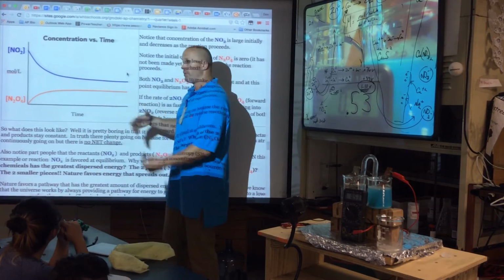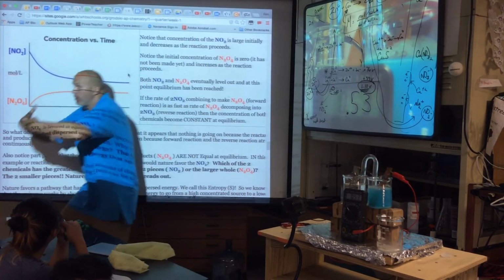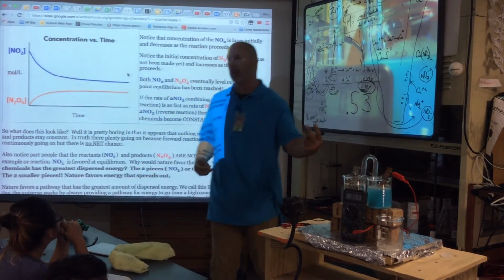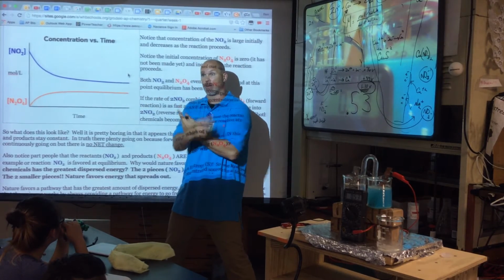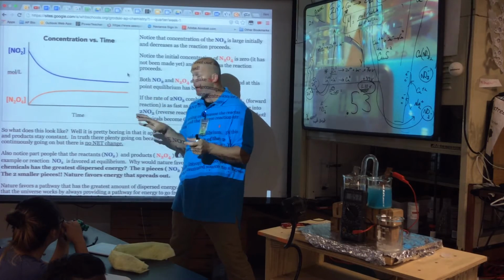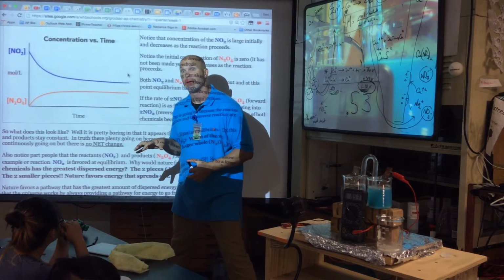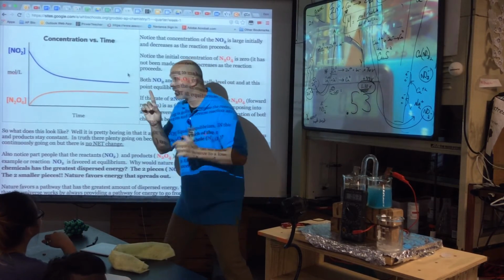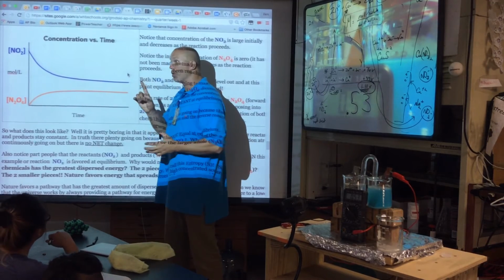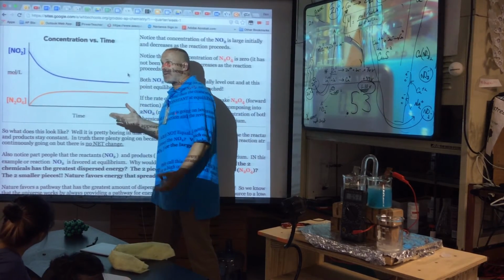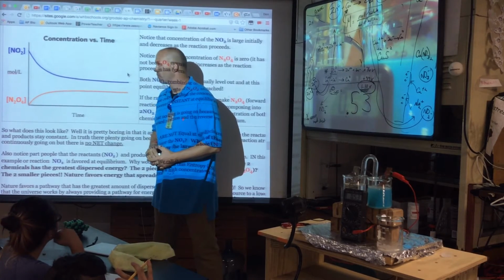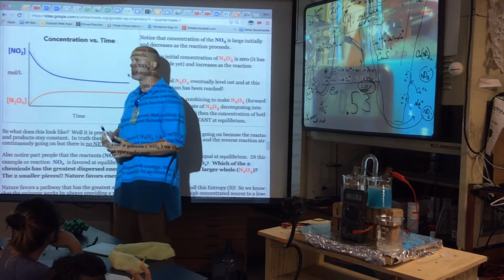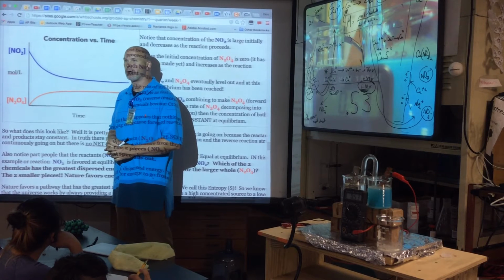So if you think of it this way, I have 10 people on this line, 2 people on this line. I ask people to switch lines every minute, 1 person per minute. The people will change, but the actual number will be what? The same. So one of the key understandings of equilibrium is that the concentrations are not changing. Where is this process spontaneous and where is there no spontaneity?